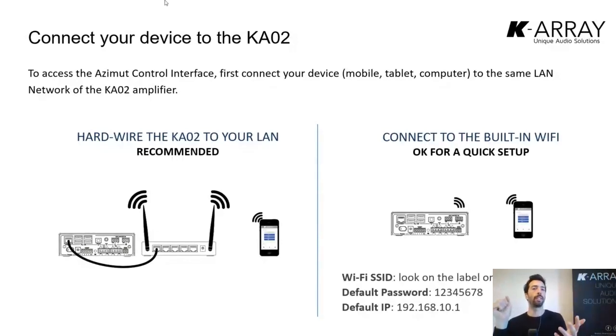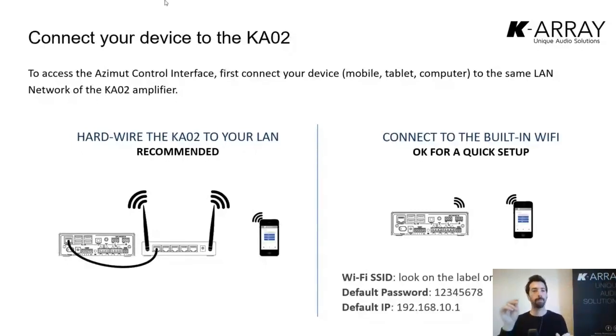And of course, you will find the amplifier, as I'll show you how, because it's in the same network. So you connect the K802 amplifier to your network with an Ethernet cable, and then, if you have Wi-Fi, and I'm sure you have in the venue, you connect your computer or phone to the same Wi-Fi and you are done.